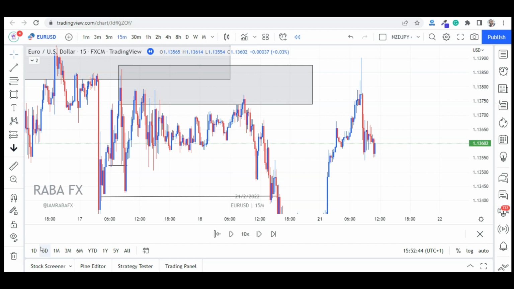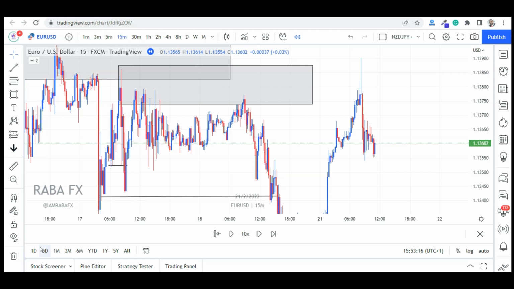Now your reaction time frame: what you are looking for in terms of reaction is simply a move that will suggest to you that price is willing to either go up or go down, depending on the direction you are looking at. Then once you see that and you determine a demand zone, a supply zone, a bearish order block, a bullish order block, an IFVG, whatever concept you want to use in following that direction, then you move to a lower time frame from 15 down.